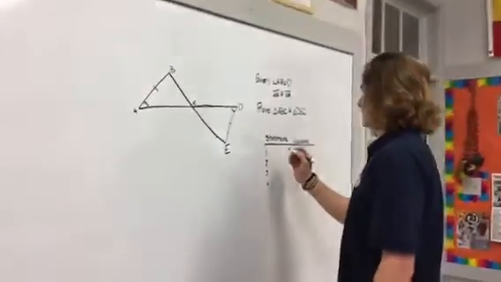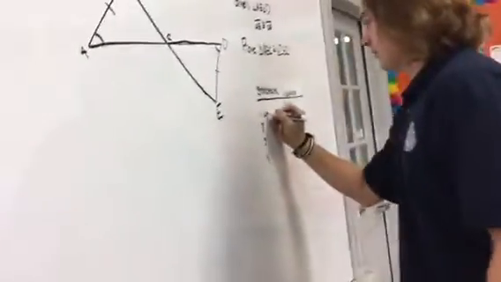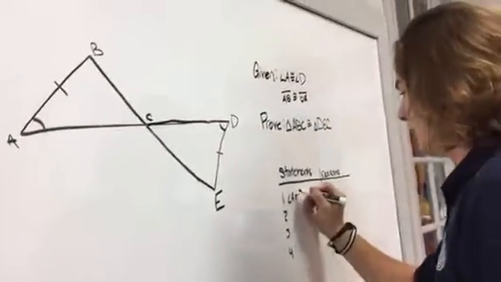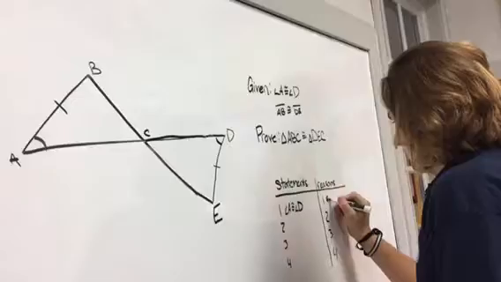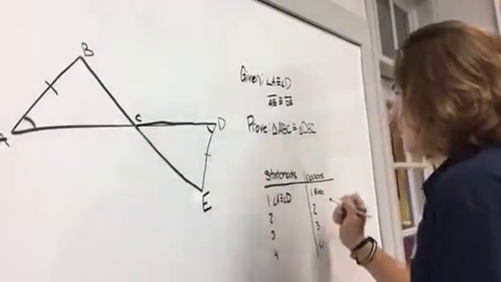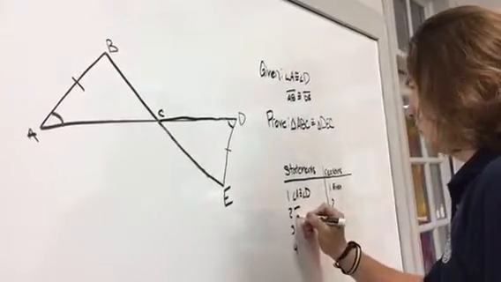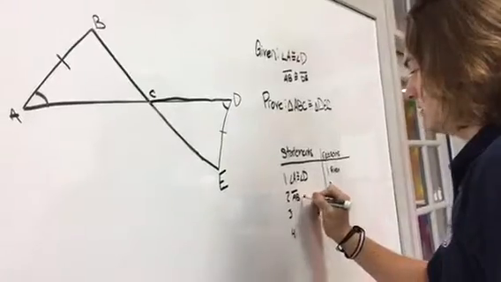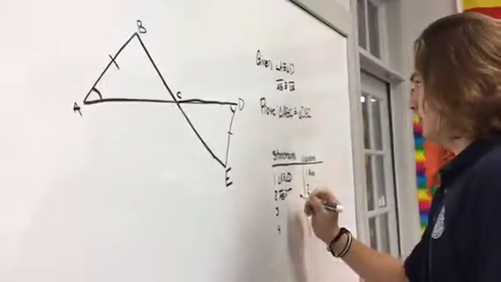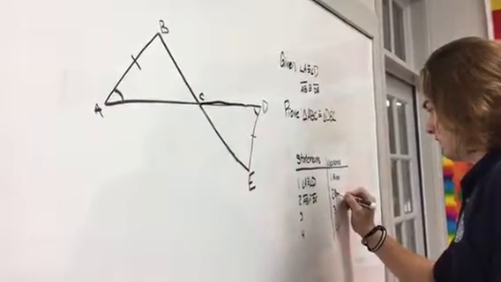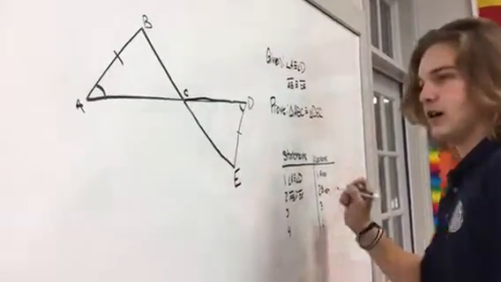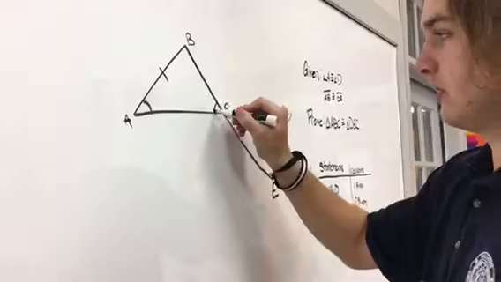Alright, let's get the given. Angle A congruent to angle D. Given. Segment AB is congruent to segment DE. And that's also given. Aha, vertical angles.